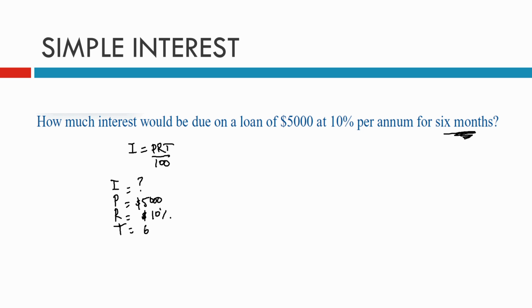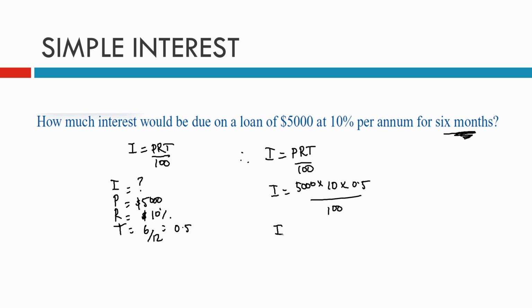We have to convert this to years, guys. So 6 months in years: how many months are there in a year? 12. So 6 over 12, which will give me 0.5 years. So, therefore, I equals PRT over 100. I'll just write it out again. I equals our principal amount, 5,000, multiplied by our interest rate, 10, by 6 divided by 12, or 0.5, all over 100.